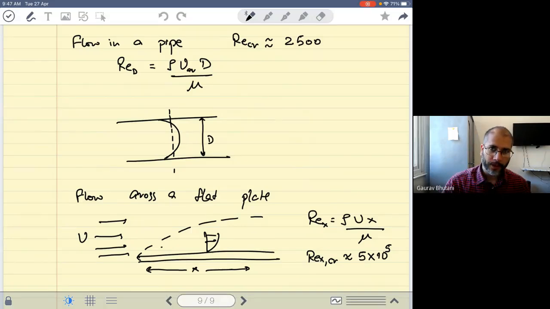Right. So that's all I want to discuss about non-dimensionalizing the equations.